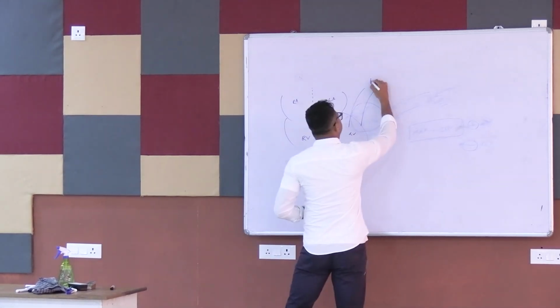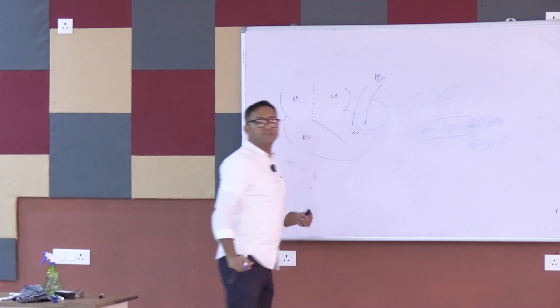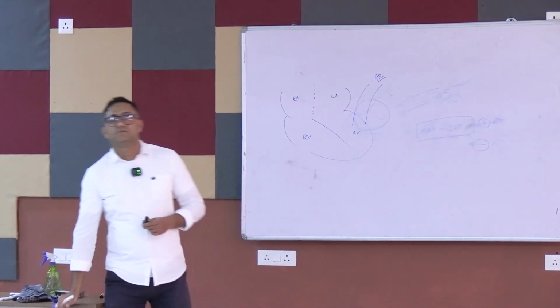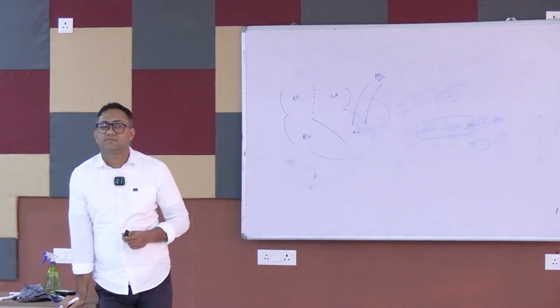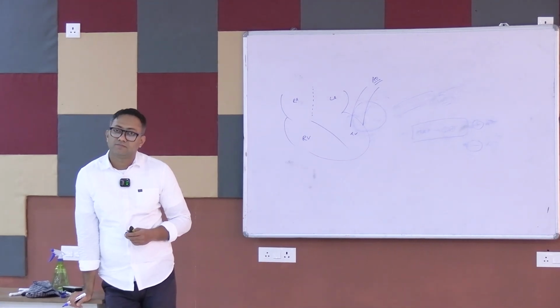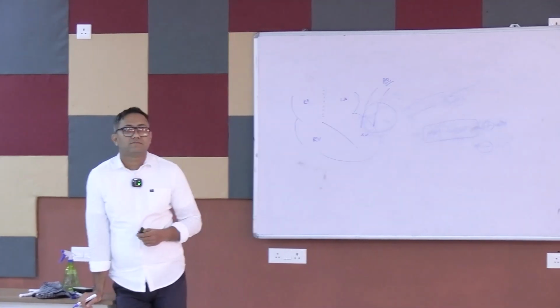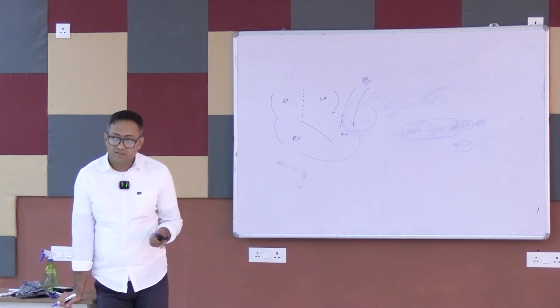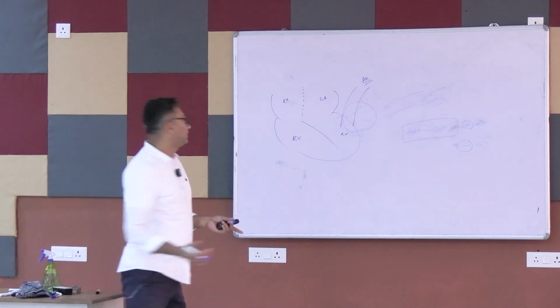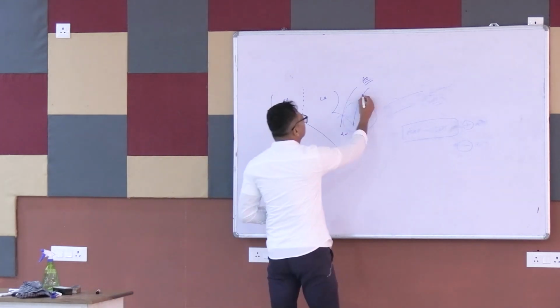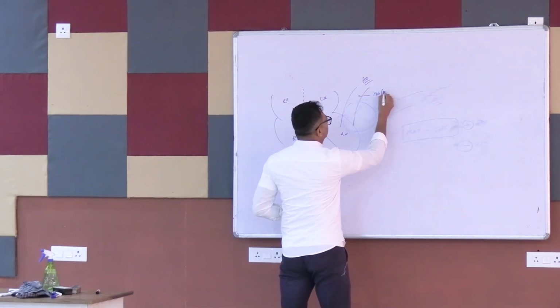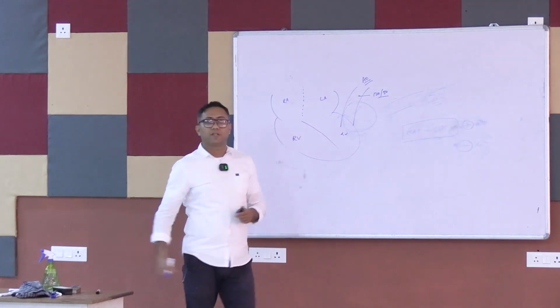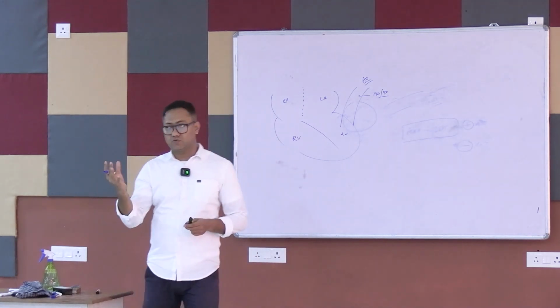How much is the pressure in aorta during systole and diastole, may I ask you? Aortic pressure in systole and in diastole? Yes, 120/80, okay. So, in aorta the pressure is 120/80, okay, during systole and during diastole.